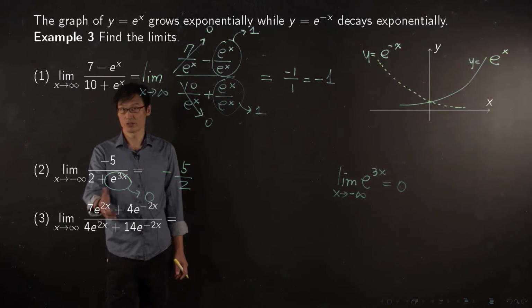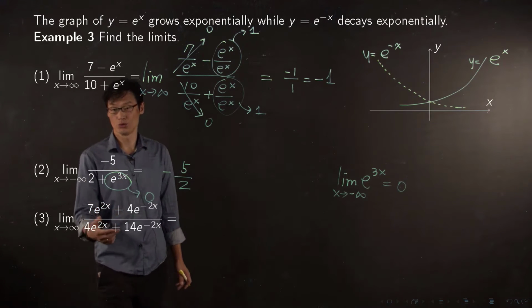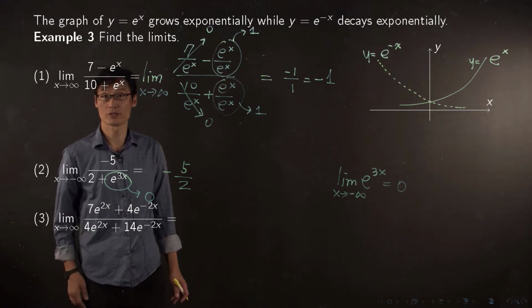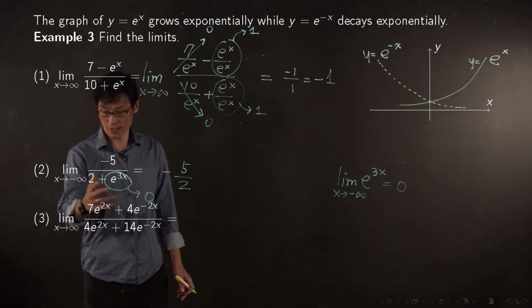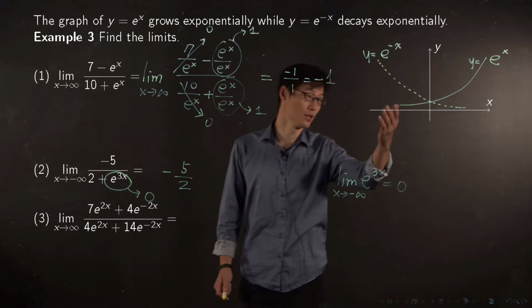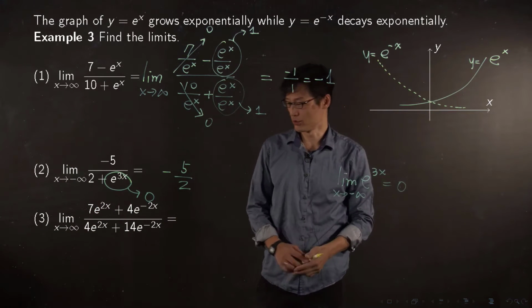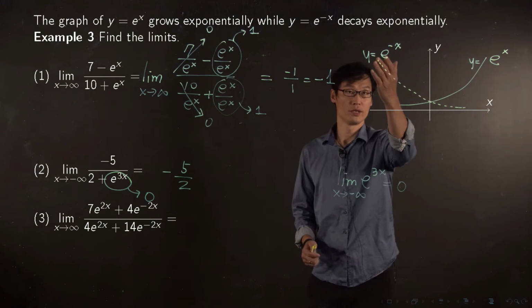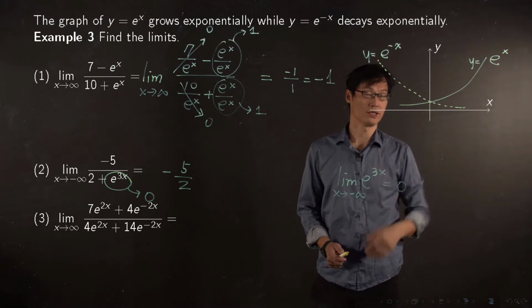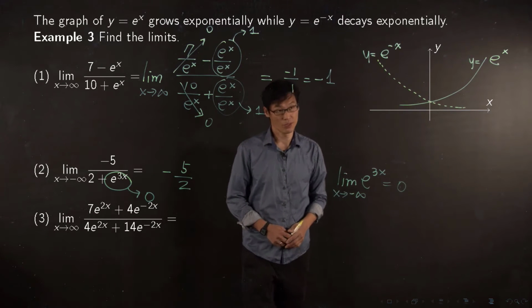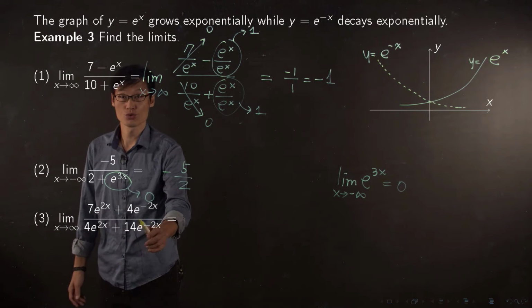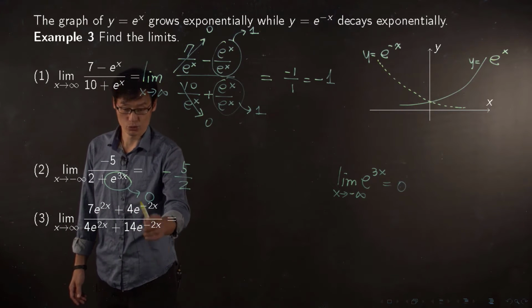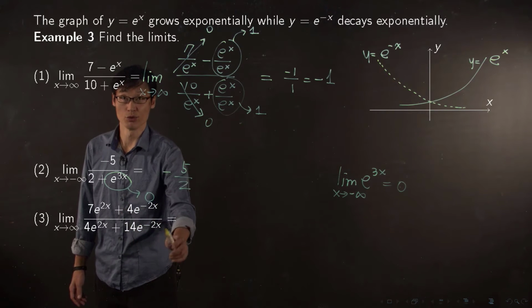Example 3 is a combination of two functions, e to the 2x and e to the negative 2x. The behavior of e to the 2x is quite similar, like this, and e to the negative 2x will decrease like this. So as x tends to infinity, those e to the negative 2x terms will be very small.